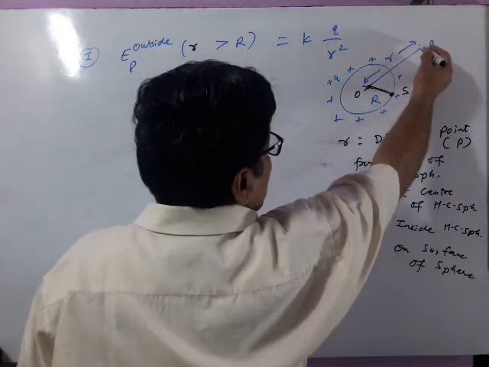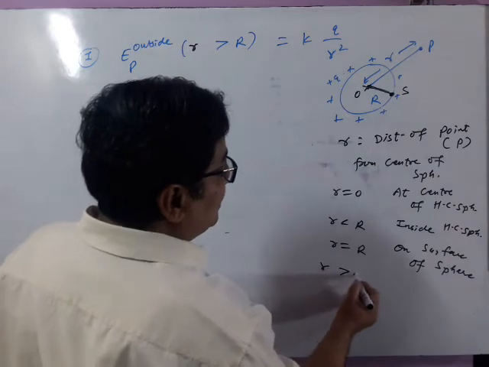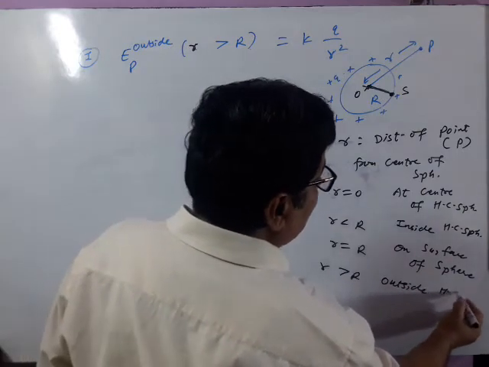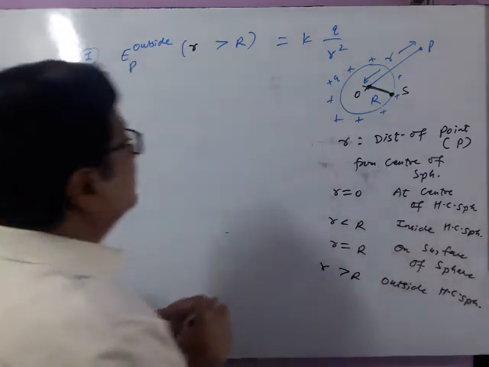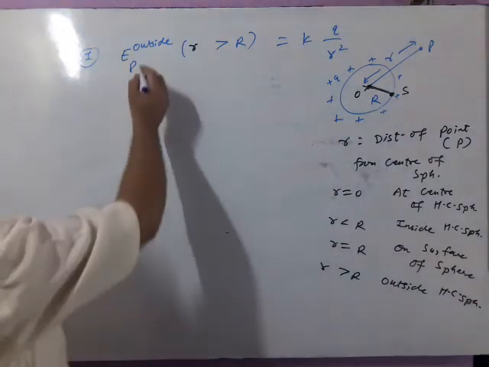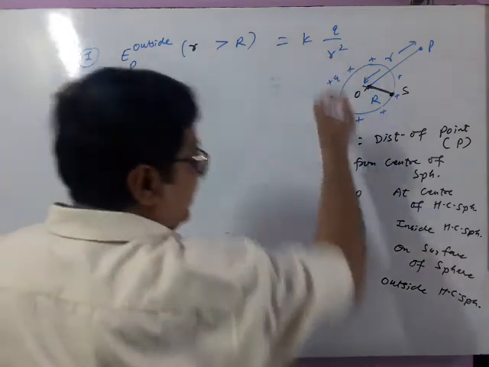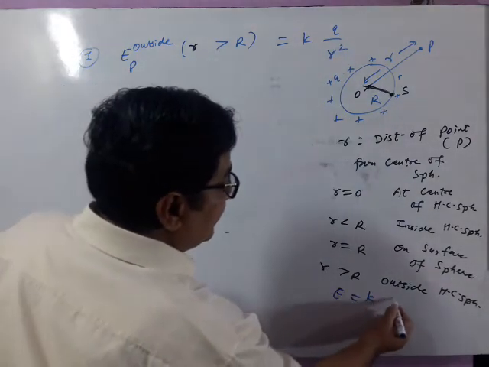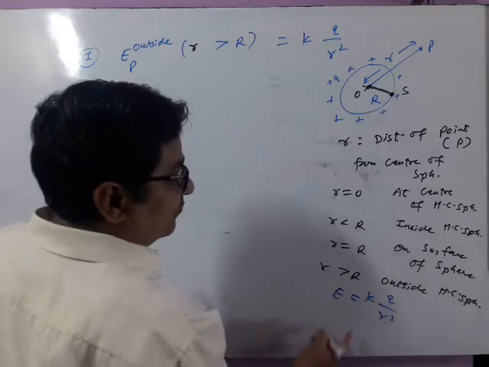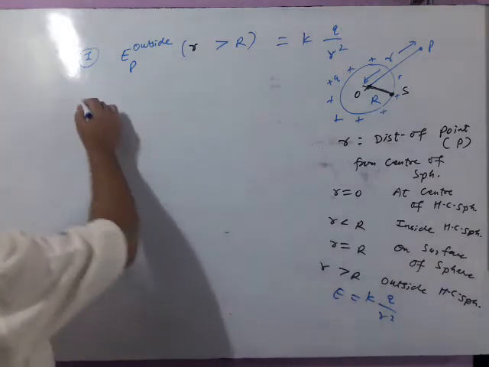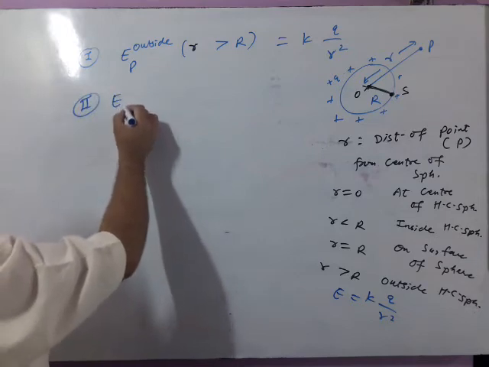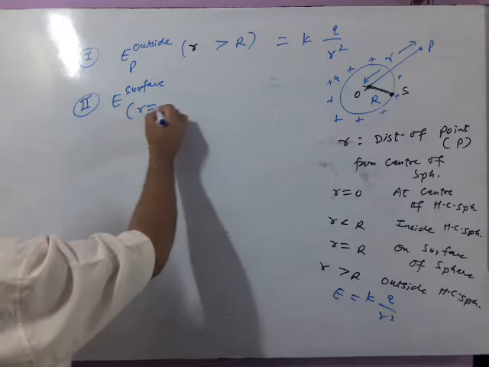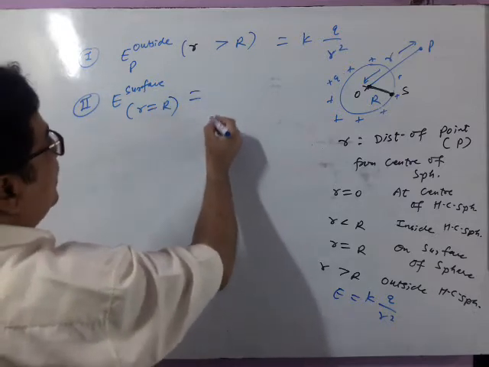Now outside, external points. Small r is greater than capital R. This is outside the hollow conducting sphere. See what we learned. Outside, the electric field is kq by r square. Now part 2, we learned the electric field on the surface, where small r was equal to capital R. What was that?